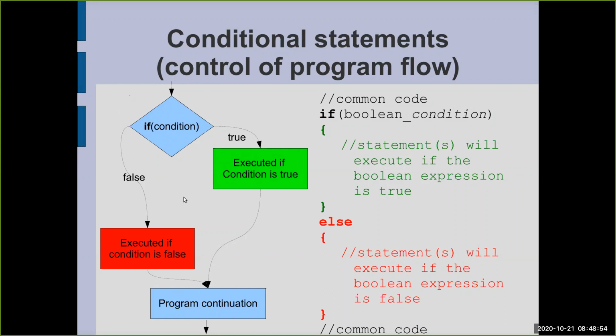So for me, it's very important that you understand what particular elements mean. Look, first, this kind of element denotes a decision block. Depending on a particular condition, we may execute this piece of code, or that one.